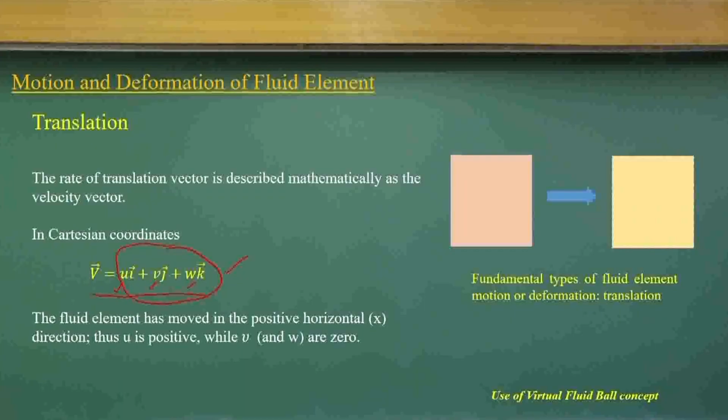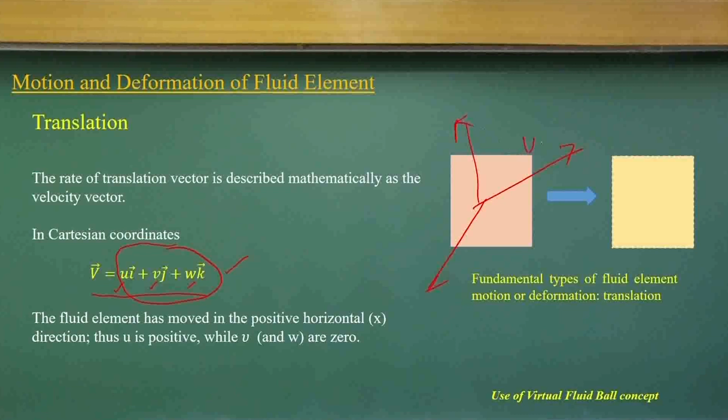That means these particles have the velocity vector components u, v, w, and at time t plus delta t, they will move by u delta t in the x direction, v delta t and w delta t from the origin location.